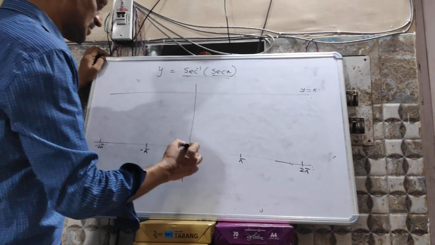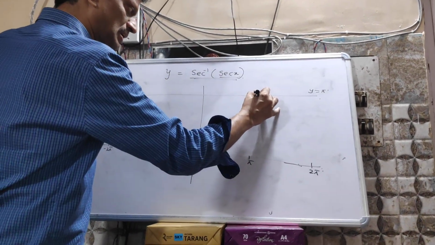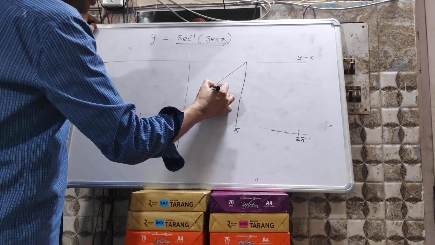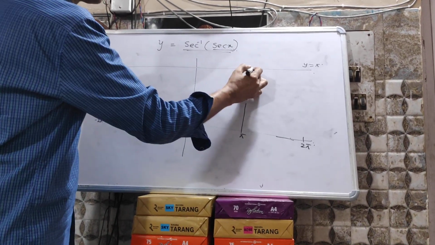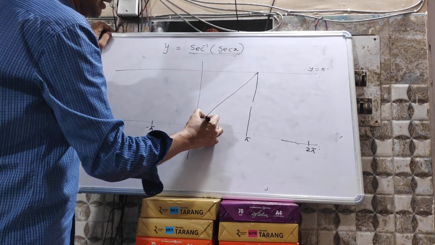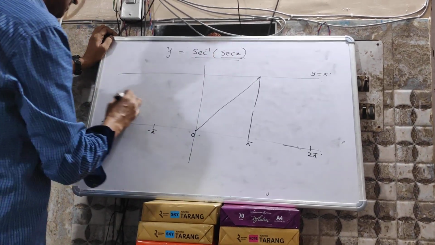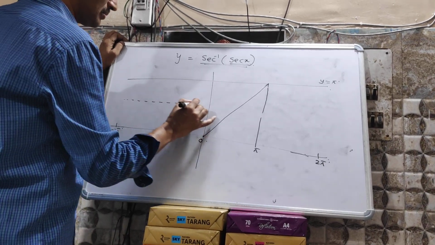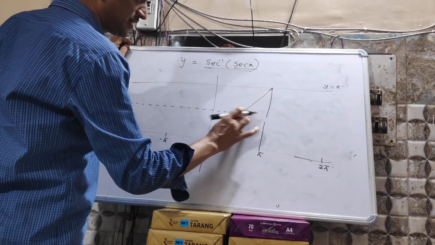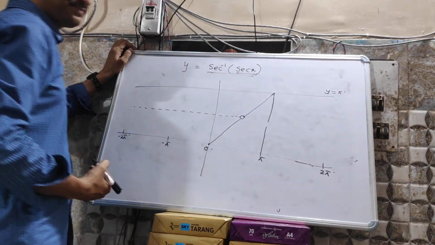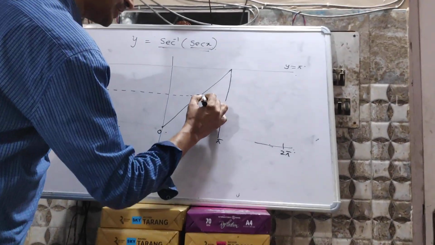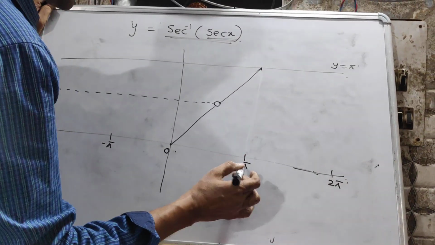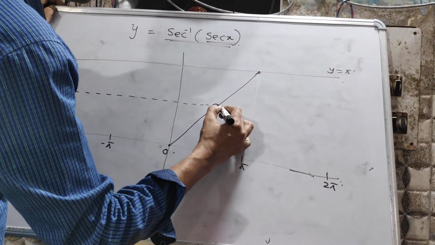So earlier in cos inverse cos you have taken 0 to pi, y equal to x. But here for secant inverse secant x, in between pi by 2 it does not take. So here we should take an open circle, and same continue for others. This is not needed now, at pi it will exist.